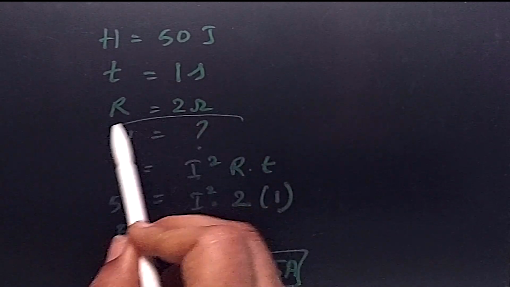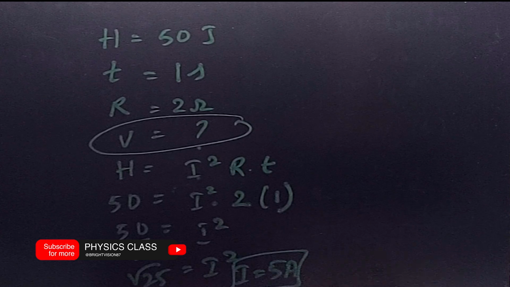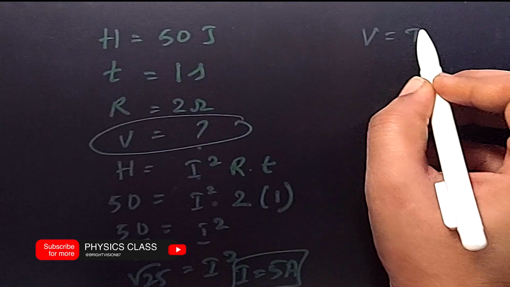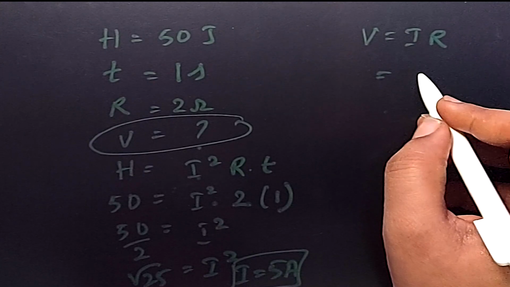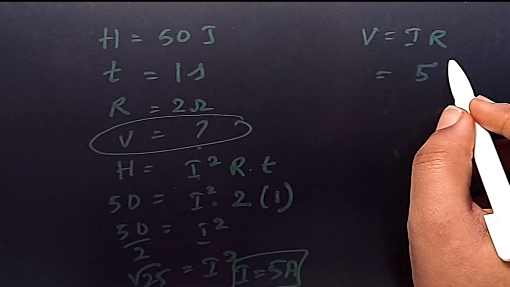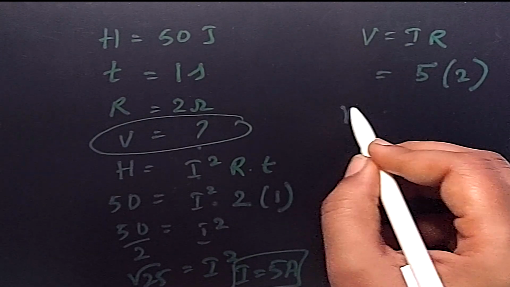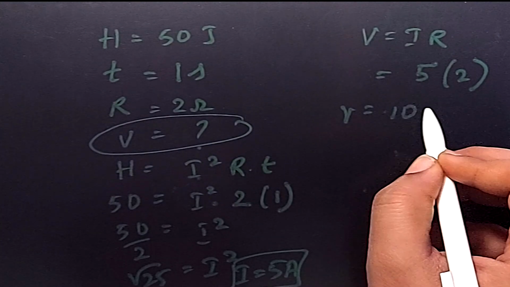But what are we supposed to find? Voltage. From Ohm's law we know that V is equal to I into R. In place of I we can write 5 and R value is 2. Hence the voltage value is 10 volt.